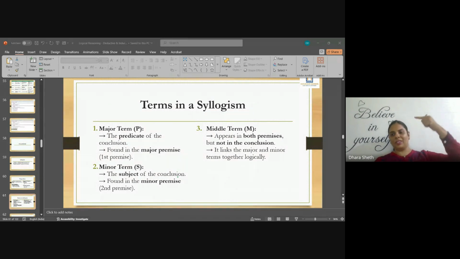Premise 1, premise 2, conclusion. Major term is the predicate of conclusion. It is also found in the major premise, that is the first premise. Now, it could be the predicate or the subject of the major premise, but it is there. But it is definitely the predicate of conclusion.